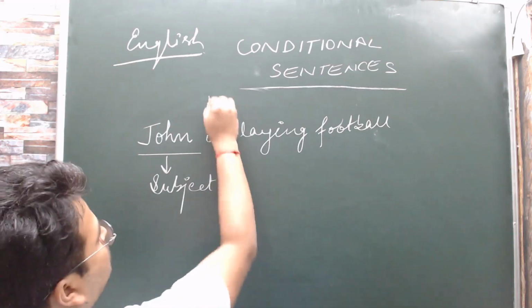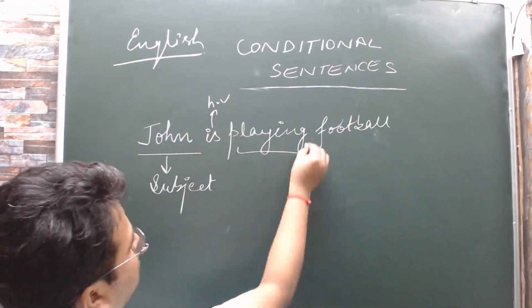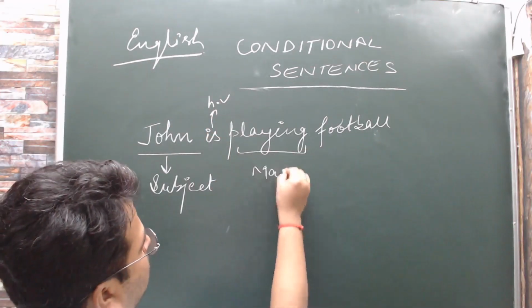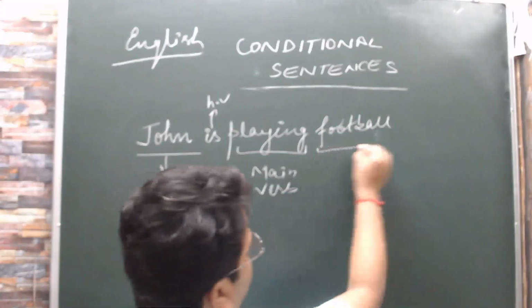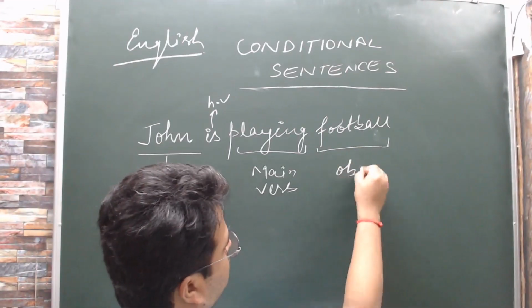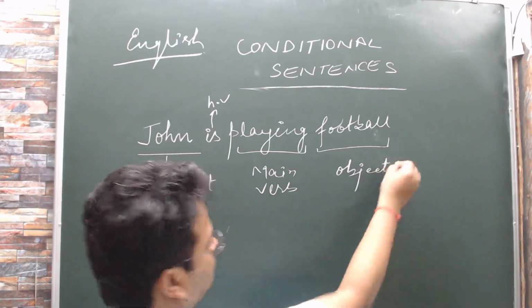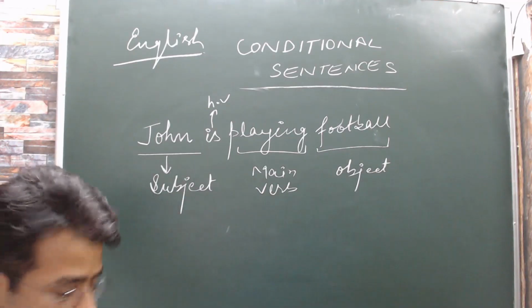This is the helping verb. This is the main verb, and this one is the object, right?